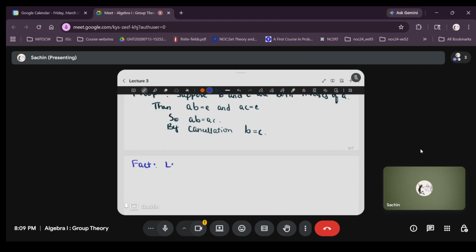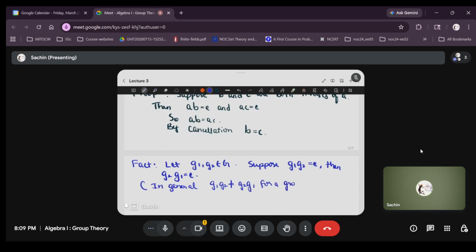Let G1 and G2 be two elements of the group G. Suppose G1 times G2 is equal to E. Then G2 times G1 is equal to E. So in general, G1 G2 is not equal to G2 G1 for a group G. If the group is abelian, then it's true that G1 G2 is equal to G2 G1 for all G1, G2.